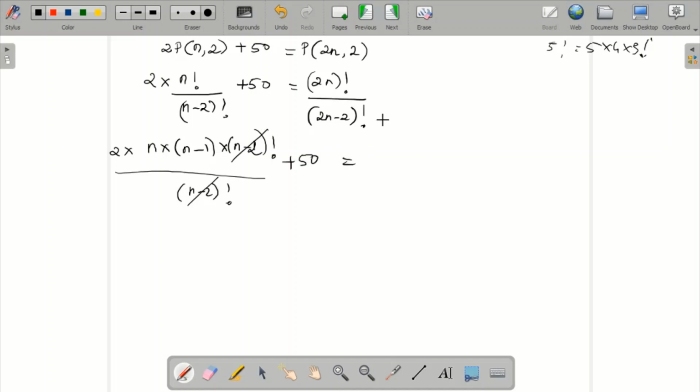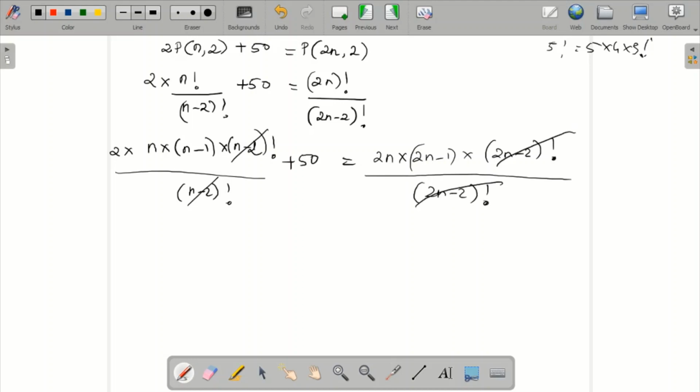Similarly here also you can write 2n into (2n minus 1) into (2n minus 2) whole factorial, divided by (2n minus 2) whole factorial. So this and this get cancelled. Remaining will be what? 2 into n into (n minus 1) plus 50.